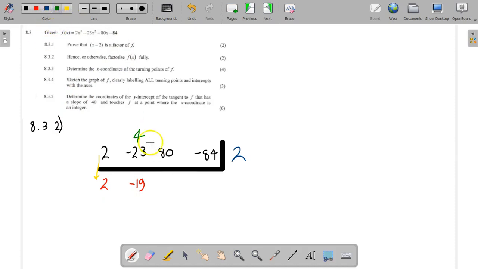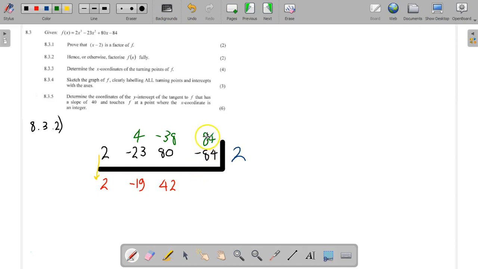So I'm going to write negative 38 on the top here, and negative 38 plus 80 gives me 42. I then do this again: 2 times 42 gives me 84.